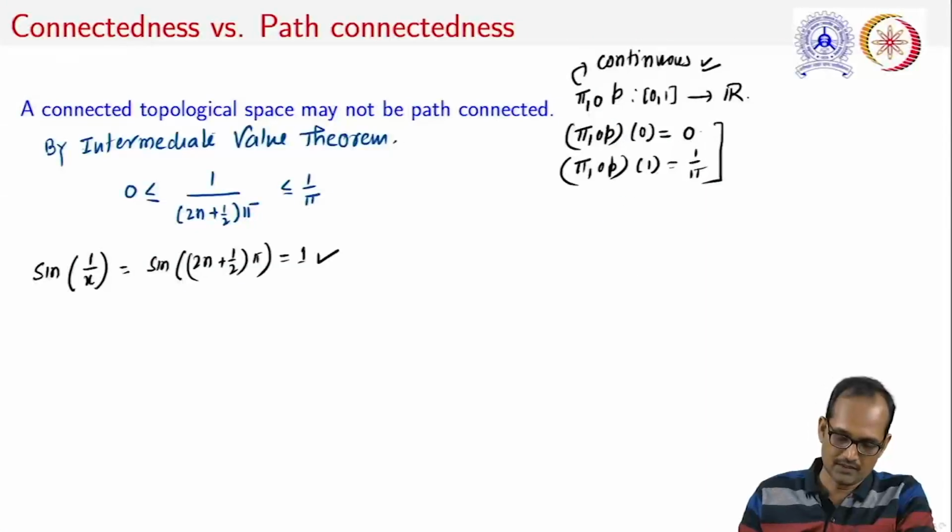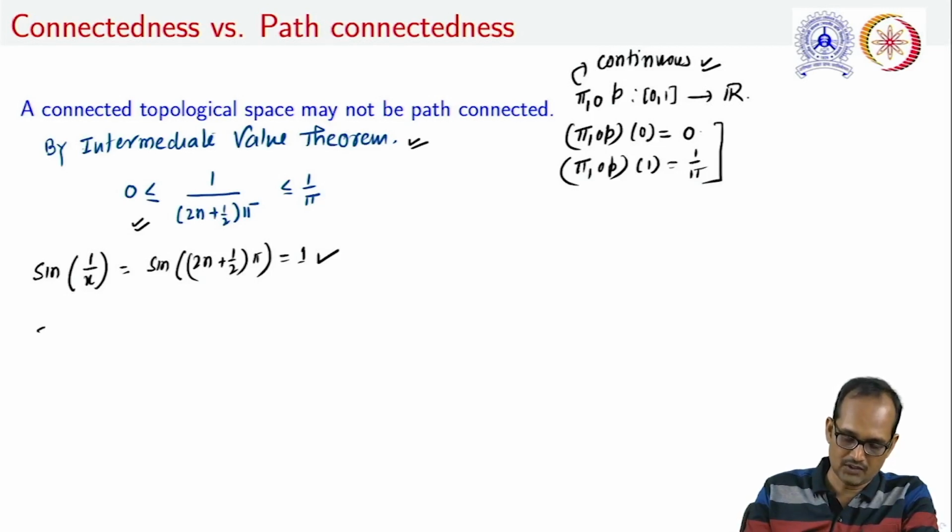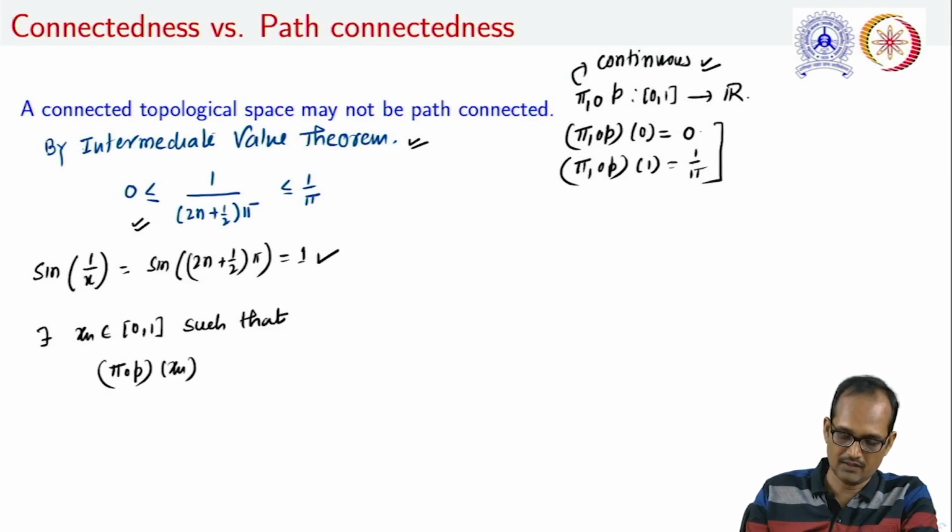Now if we are taking any point between 0 and 1 upon π, then by using this theorem there exists xn in the closed interval [0, 1] such that π₁ composition p of xn is 1 upon (2n plus half) π. From here, what about p of xn?